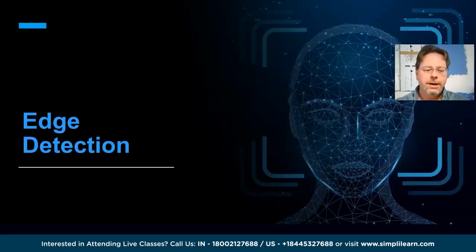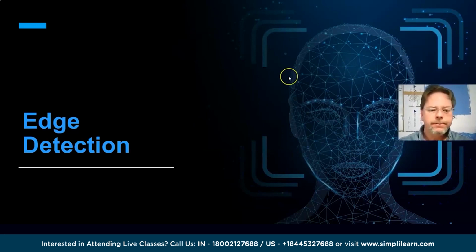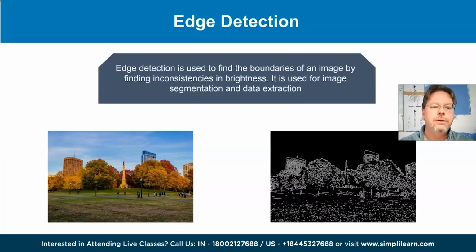Edge detection. Just like threshold, it's another tool we can use to bring out an image. So we can find different things on there. A lot of cool things we can do with that. You can see here we've taken a landscape, same one we had before, and we can find the boundaries of an image by consistency and brightness. It's used for image segmentation and data extraction.